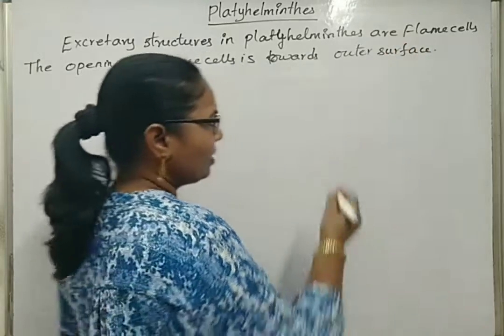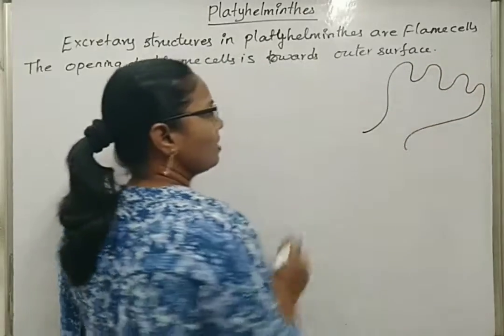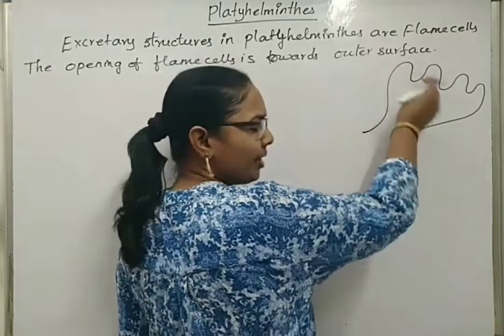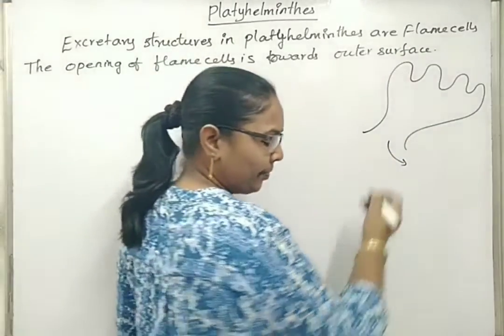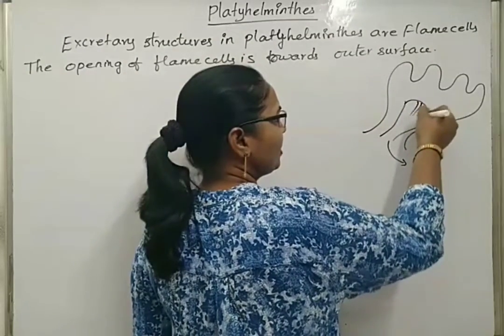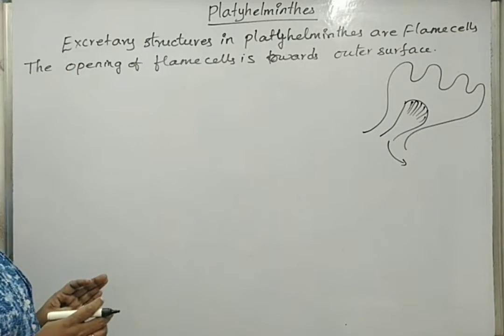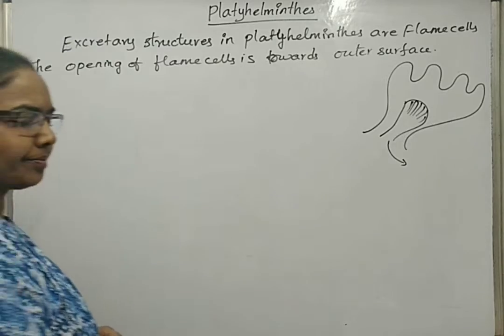These flame cells absorb the waste material from the body, and at the opening there are special cilia-like structures. They also support moving the waste material from the interstitial fluid into the flame cells.